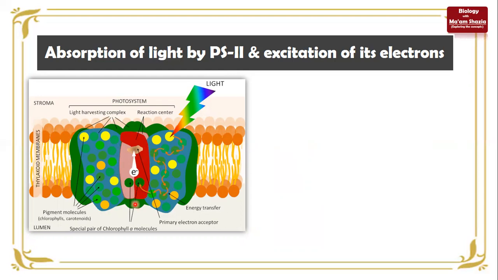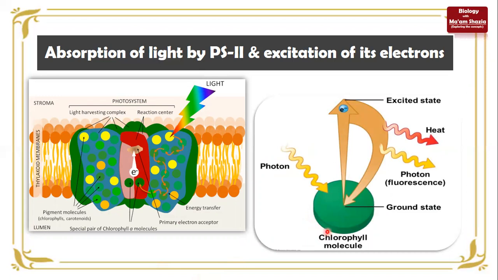This pink and red structure is basically the reaction center. This reaction center has the chlorophyll A molecule. On receiving the energy from the other accessory pigment molecules, these electrons will reach the primary electron acceptor, right? So this is basically the light harvesting complex.